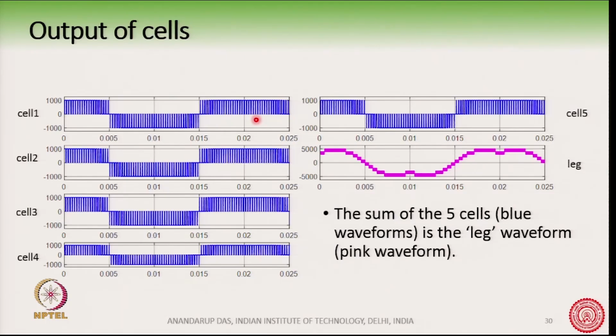If all the waveforms were identical, because the modulating wave is identical and all the carriers are also identical, they would have just added up. Because of the phase shift, now we get this waveform here.